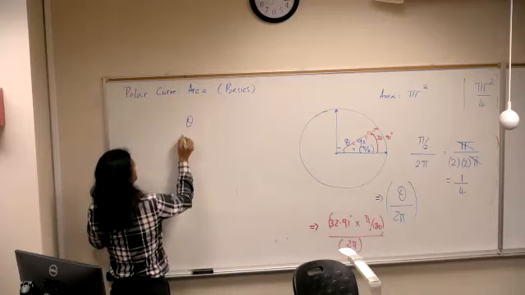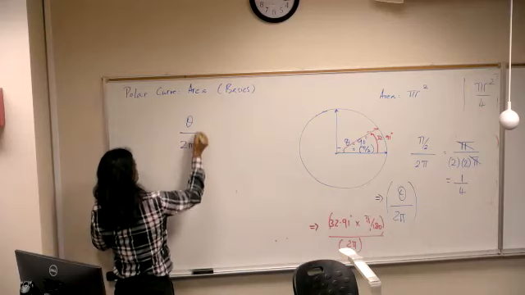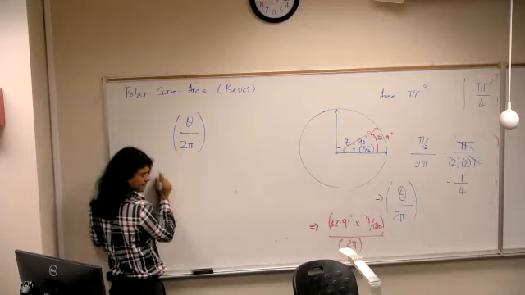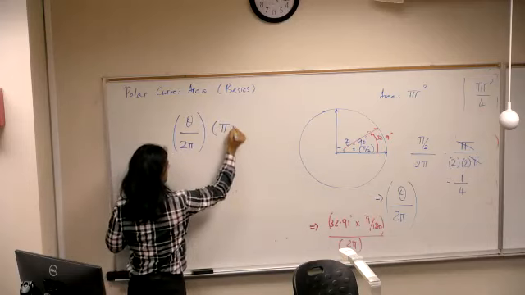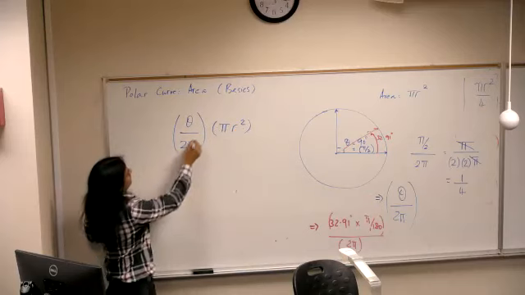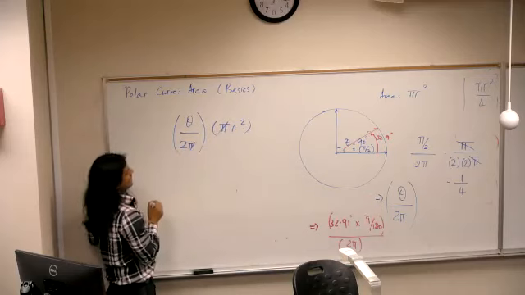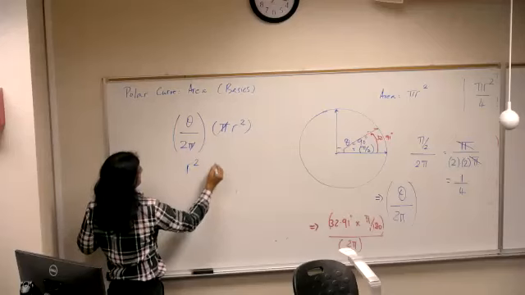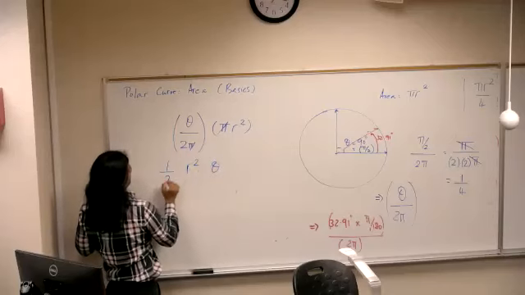We'll have theta over 2 pi times the area of a circle, which is pi r squared. Agree? Pi would go away. I'd simply have r squared times theta over 2.